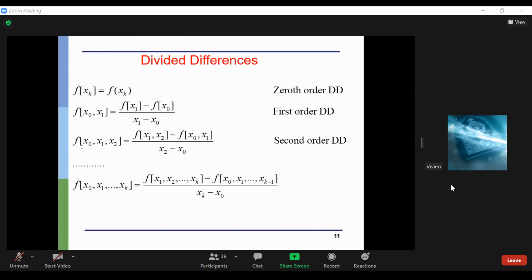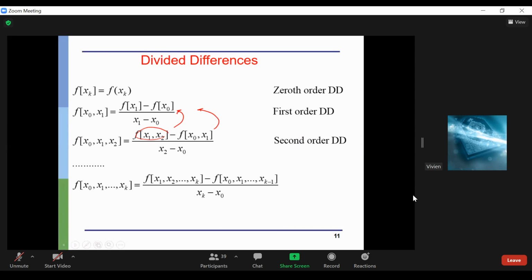And then the second order divided difference F[x1, x2] is the first order divided difference between x1 and x2, minus the first order divided difference between x0 and x1, divided by x2 minus x0. Then we can find the third order, fourth order, and so on. It always uses the value before, but for different points.